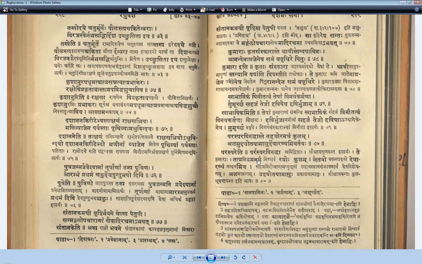And again, now when there are many choices like this, normally the Tikakara will make it clear for you. Yatra vikalpa asti, bahu arthah sambhavanti, tatra tikakara avashyam spashtikaranam karoti. We can have the Tika. Let's see what he says. Does he say anything? Alam.